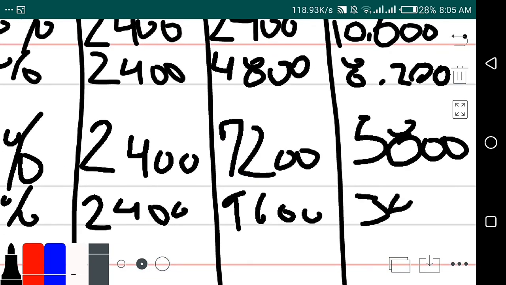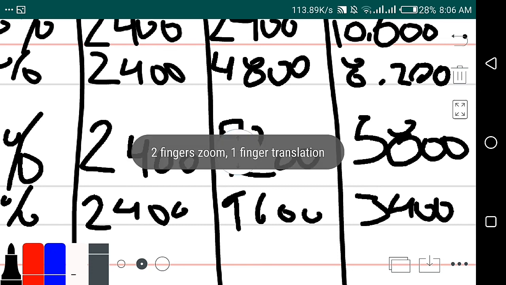As I told you before, it is cost minus the accumulated depreciation. Don't forget this.